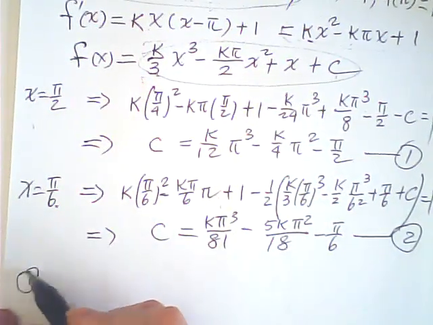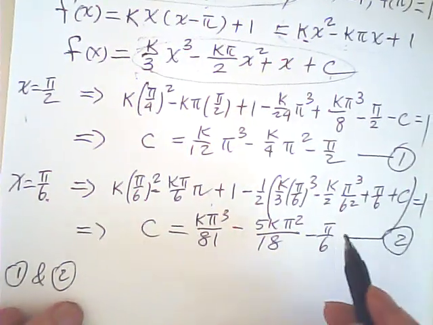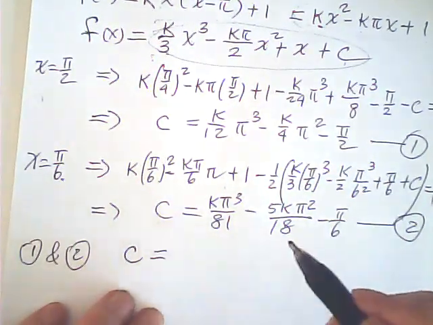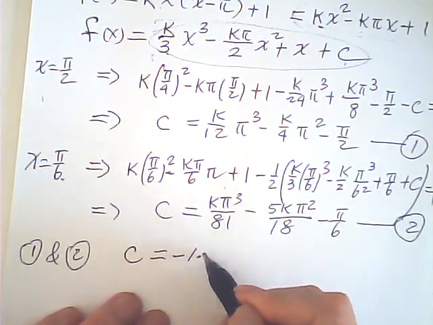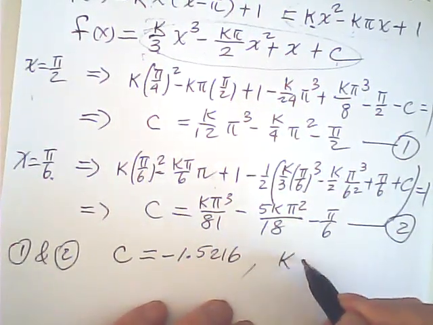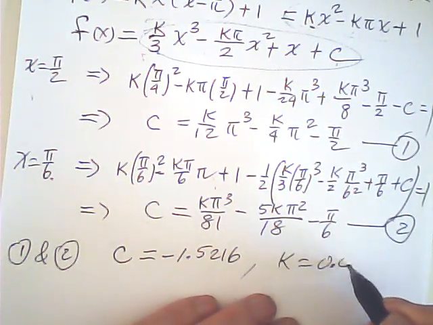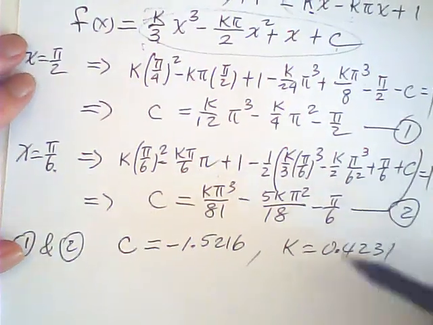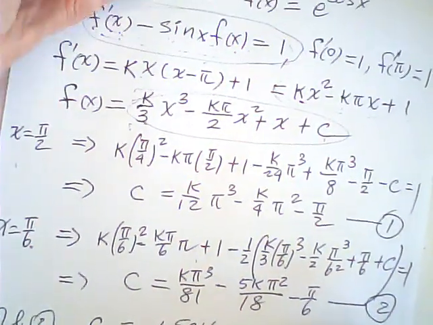Then from equation 1 and equation 2, we can find c and k. C is equal to negative 1.5216, and k is approximately equal to 0.4231. Of course, there is lots of algebra to do, lots of arithmetic rather.